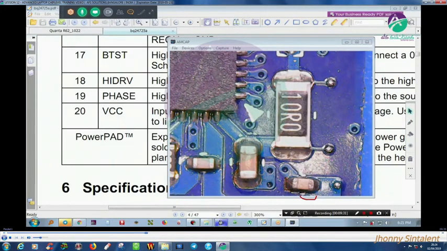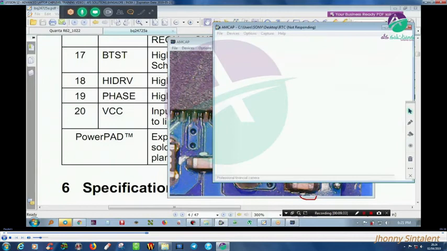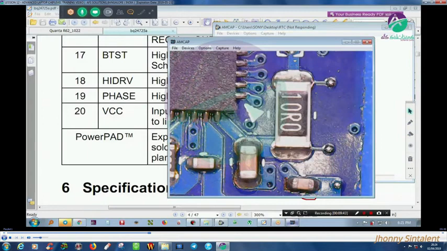Okay, let me check for 19 volts. Okay, no issues.